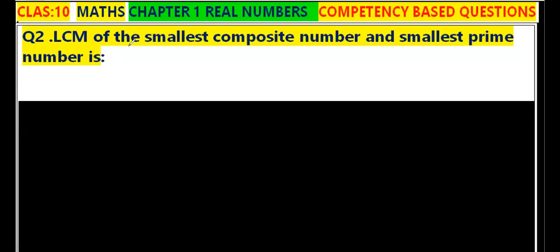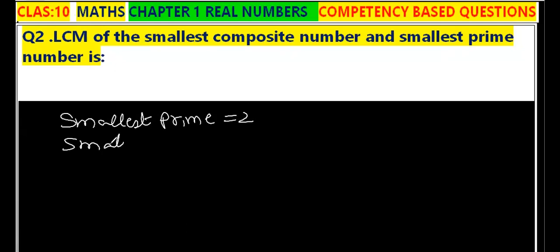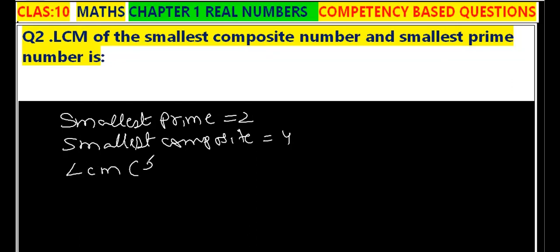Question is, LCM of the smallest composite number and smallest prime number here is. यहाँ पे ये HCF नहीं है, this is LCM. So keep in mind, again we know that the smallest prime number is 2 and the smallest composite number is 4, and their LCM, means LCM of 2 and 4, is 4.